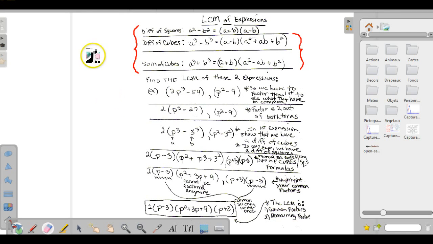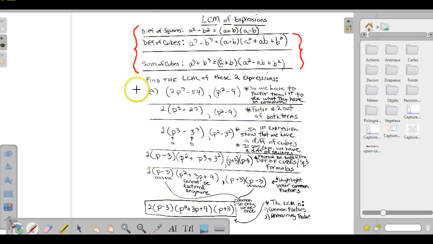And then the difference of squares is usually what our second term is. You have two numbers and they're both squares, and for the difference of squares you add the A and the B in the first factor, and then you subtract them. It's A minus B. So that you'll see a lot.